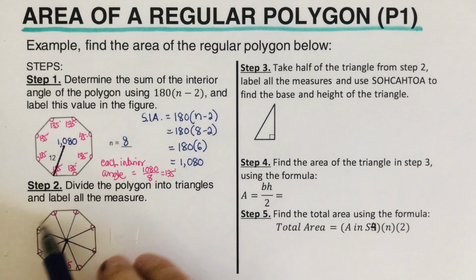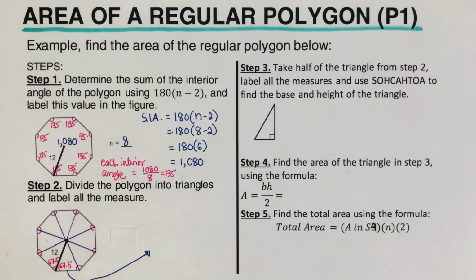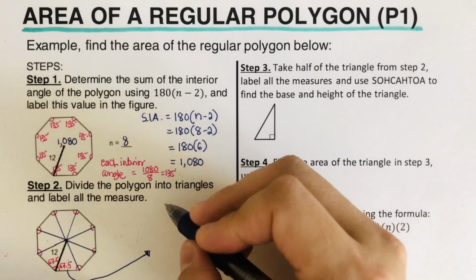Now I am going to take one of these triangles. Just imagine this polygon as a pizza. It's an octagonal pizza. If I take one piece of this pizza, I'm going to put that over here, because if we have a triangle, it would be easier to determine its area. I took one of the pieces, so I will make it really big. That's one piece right here. I will label this as green.